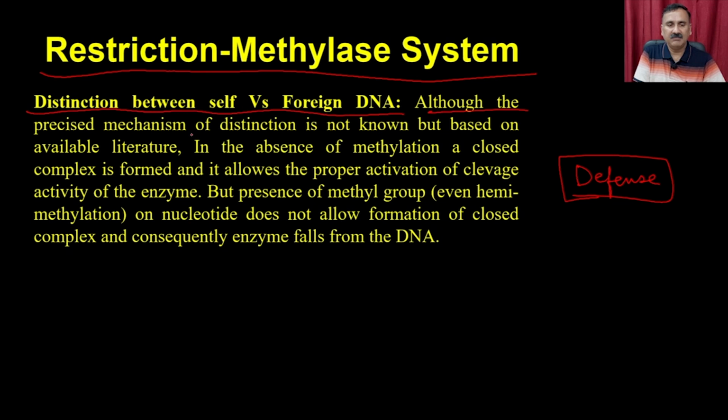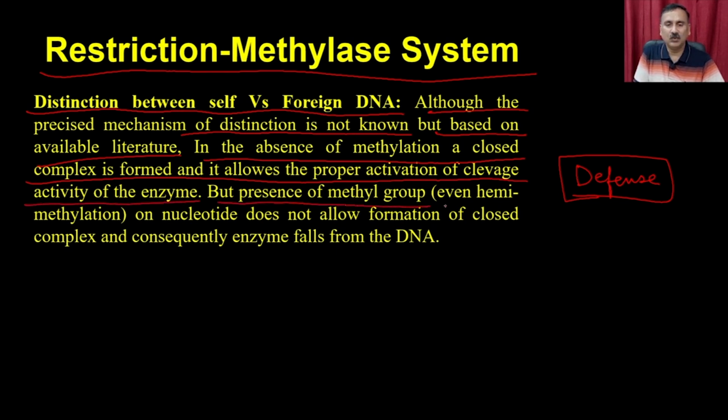Although the precise mechanism of distinction is not known, based on the available literature, in the absence of methylation, a closed complex is formed, and it allows the proper activation of the cleavage activity of the enzyme. But the presence of a methyl group, even hemimethylation on the nucleotide, does not allow the formation of the closed complex, and consequently the enzyme falls off.